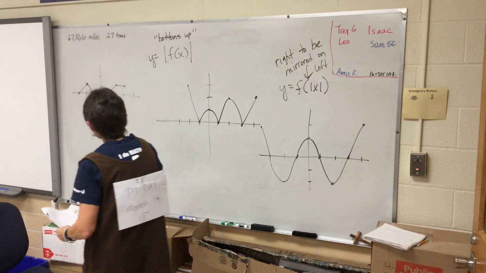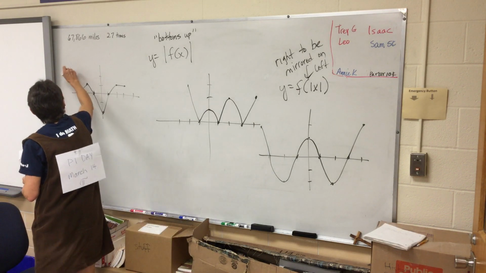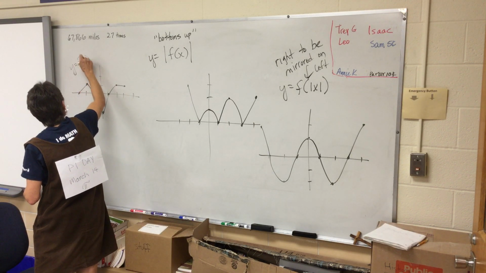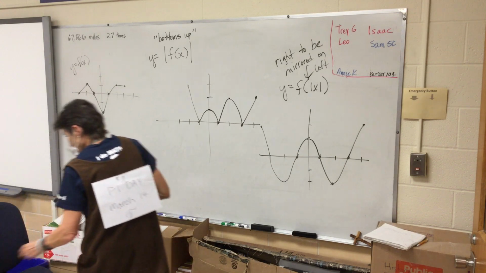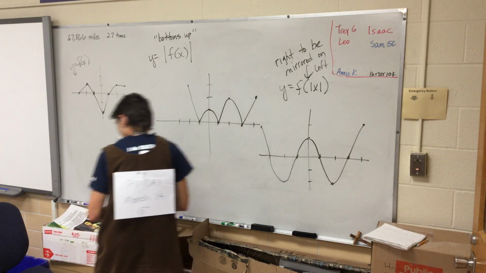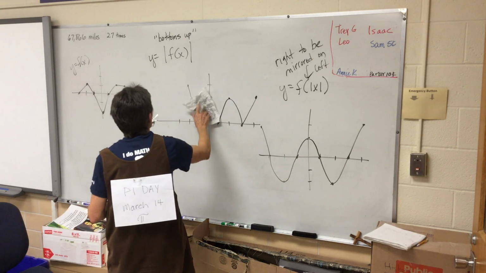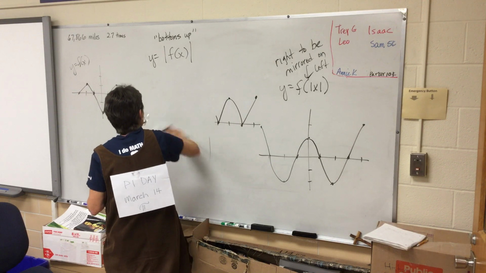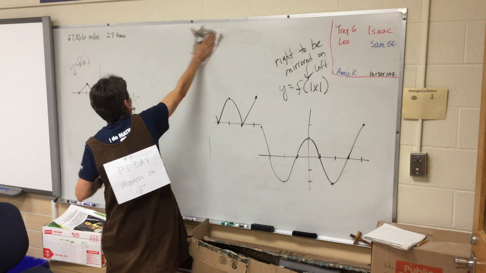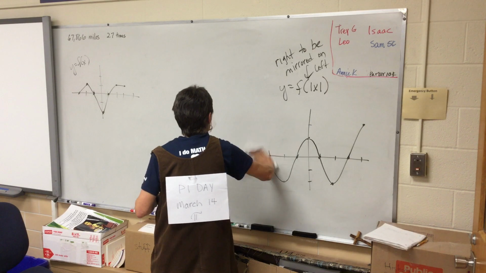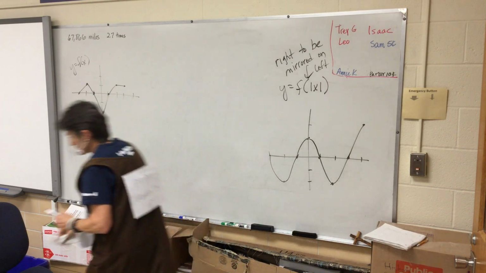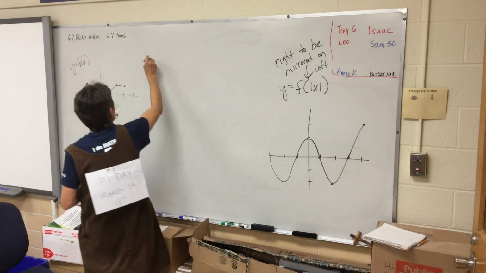There's my original picture. This is my function. Now I'm going to do f of negative x plus 2. So there are two things happening in this problem. F of negative x plus 2.